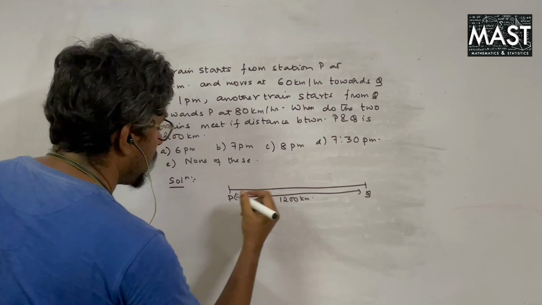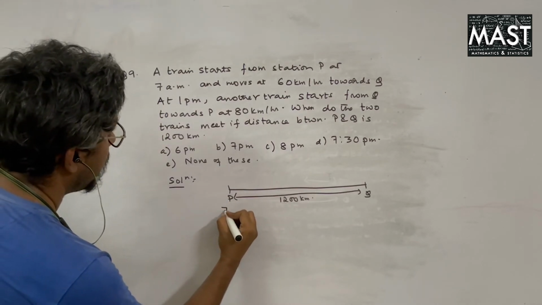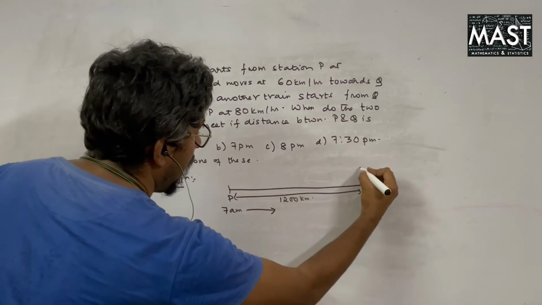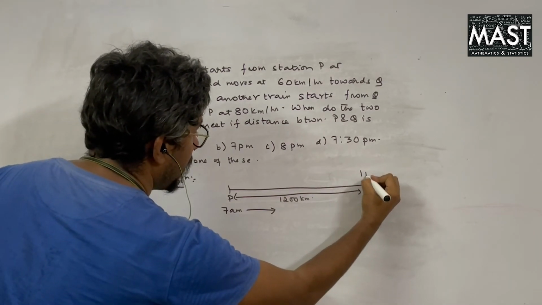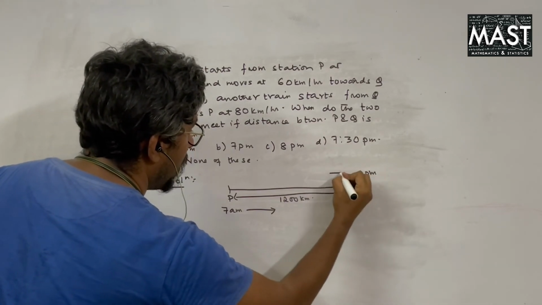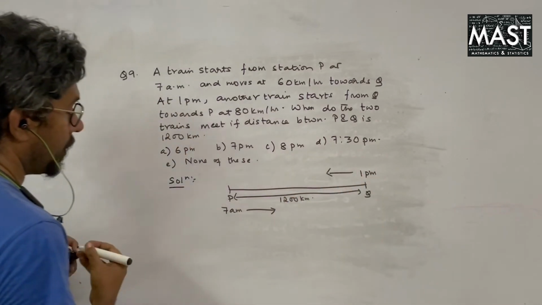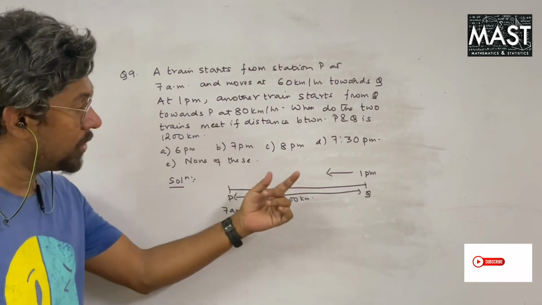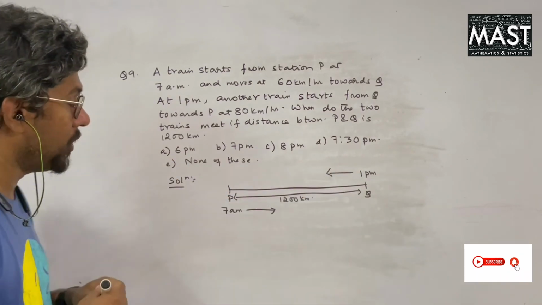A train starts from P at 7 am and it is moving in this direction, while another train starts from Q at 1 pm, which is moving in the opposite direction. So the first train is 6 hours ahead of the second train.